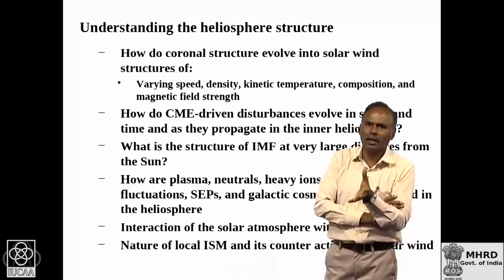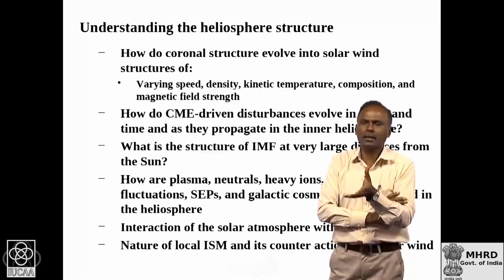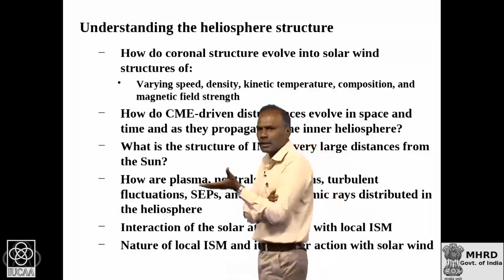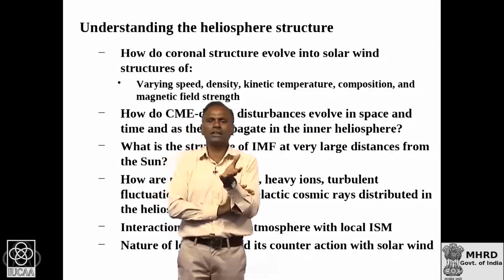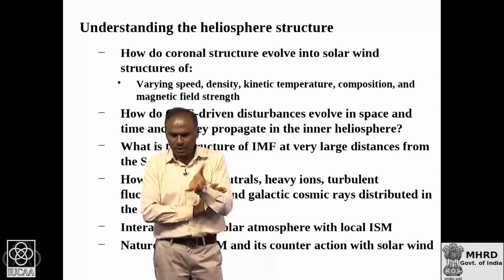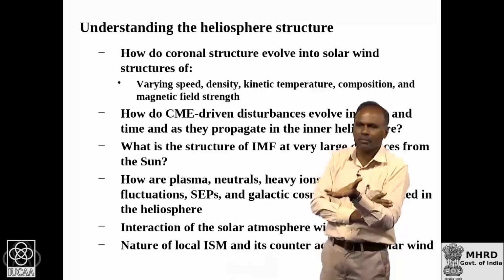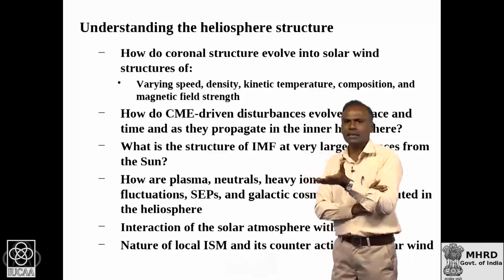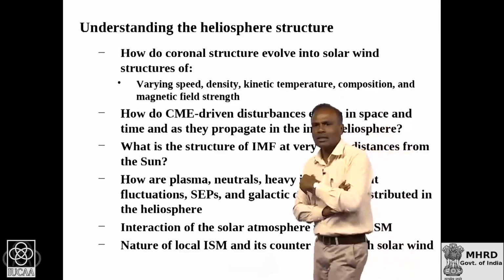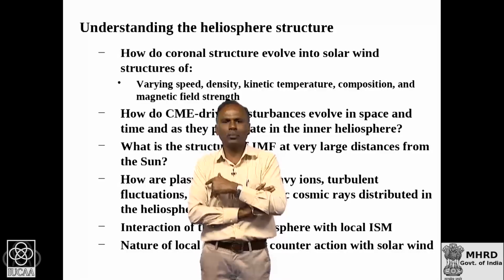So, how does the galactic cosmic ray variation vary with the solar cycle, or in association with the interplanetary magnetic field associated with coronal mass ejections or with the interaction regions also? The interaction of the solar atmosphere with the local interstellar medium is another open question.